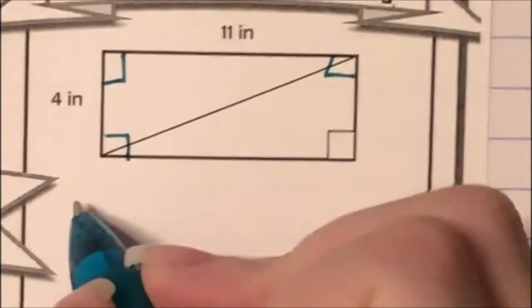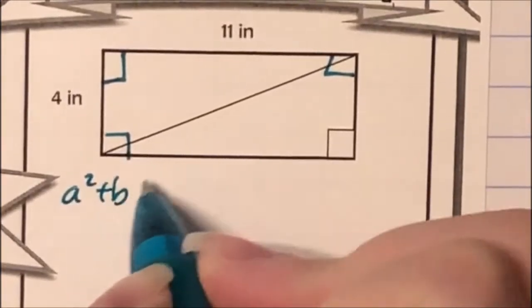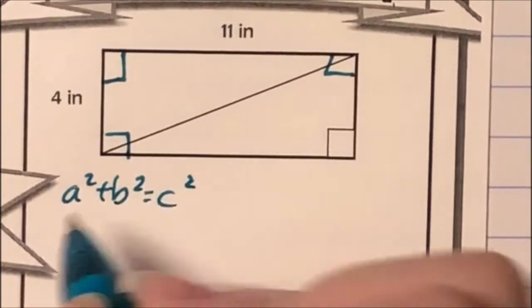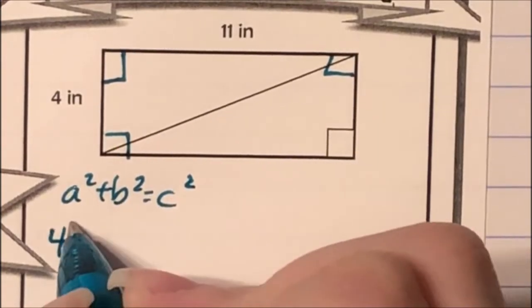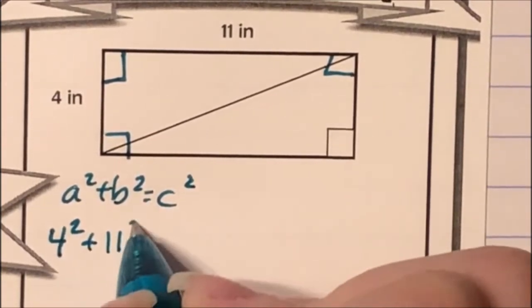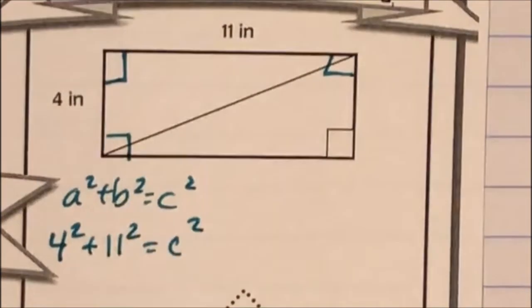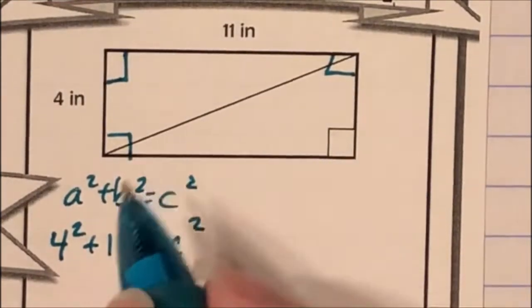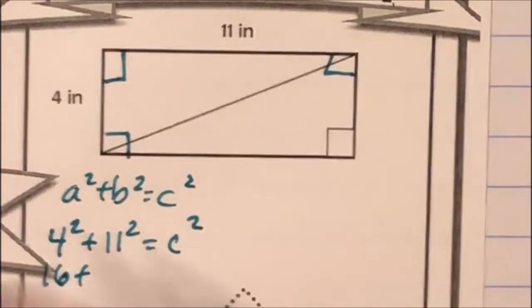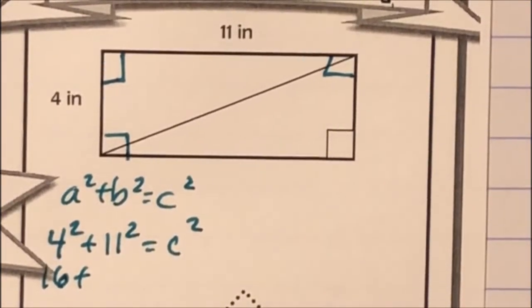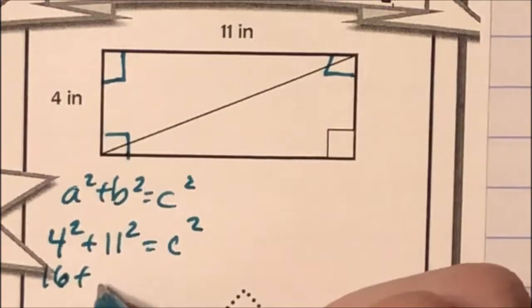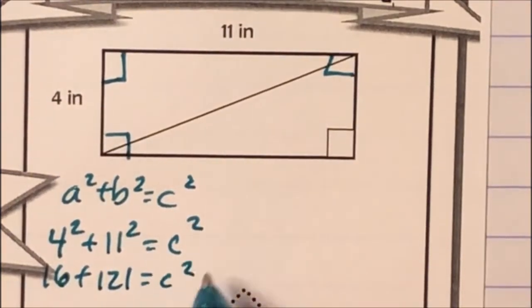So my formula, a squared plus b squared equals c squared. I'm going to substitute 4 for a, 11 for b, and I'm going to leave c there. Now I can simplify. 4 squared is 16. 11 squared is 121, and that equals c squared.